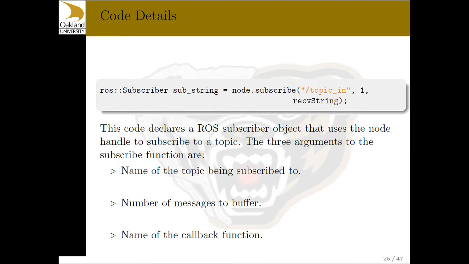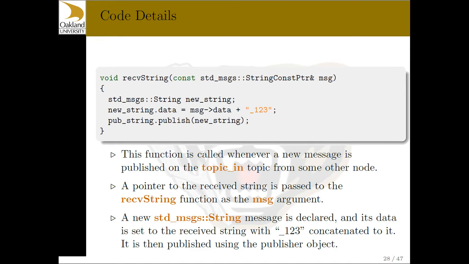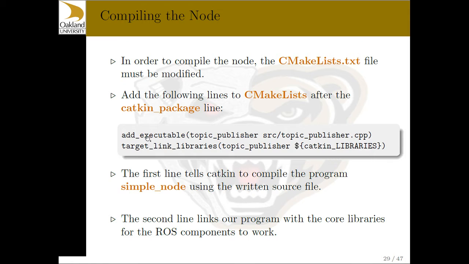So again, any node that you compile for the class is going to have to have a target_link_libraries with it as well. Just keep that in your head. If you're writing an add_executable line, just know that you'll also have to add a target_link_libraries line. Those will never be separate.